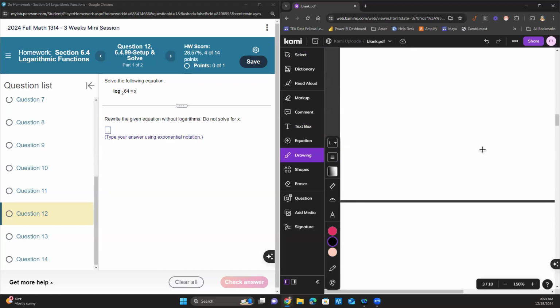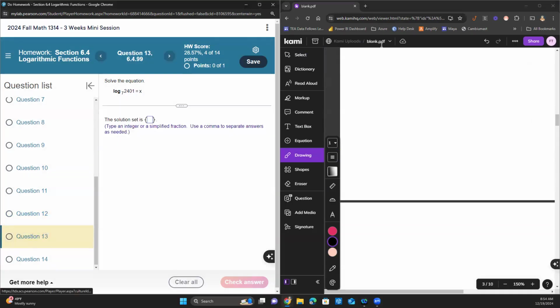And then question 13. For question 13, I have log base 7 of 2401 is equal to x.